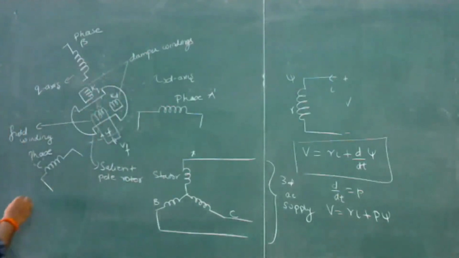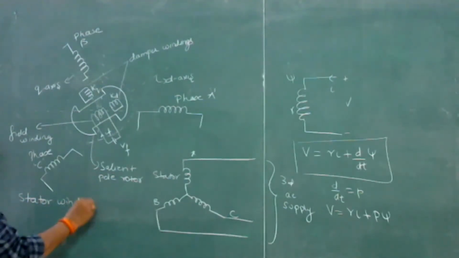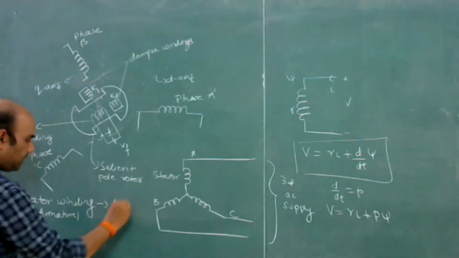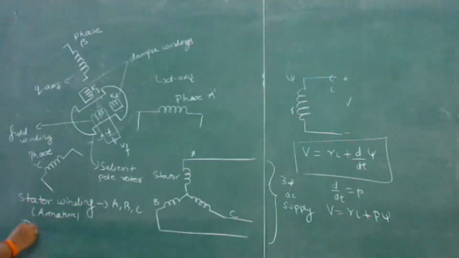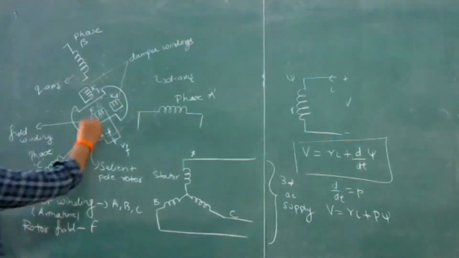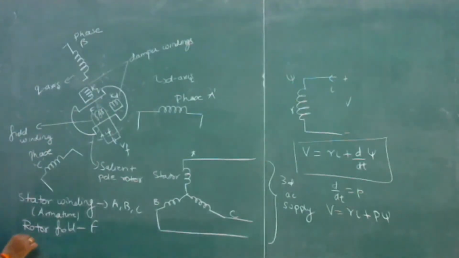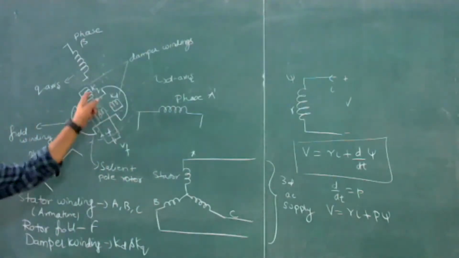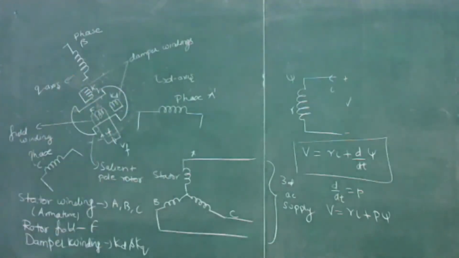So we have phase windings, or stator windings, also known as armature windings, as A, B, C, and the rotor field winding as F. Okay, so this is F for the rotor field winding, and for the damper windings we have KD and KQ, along the D axis and along the Q axis. Okay.